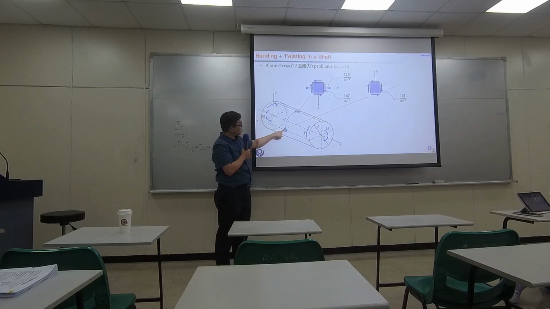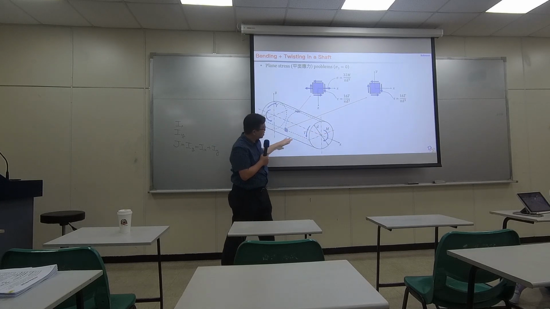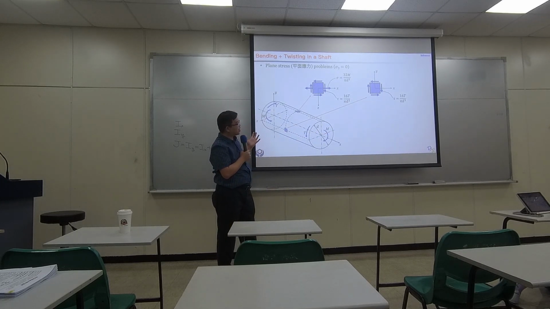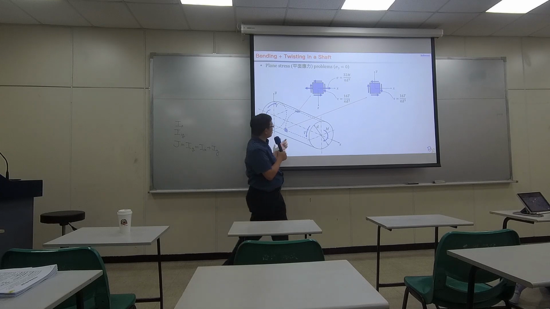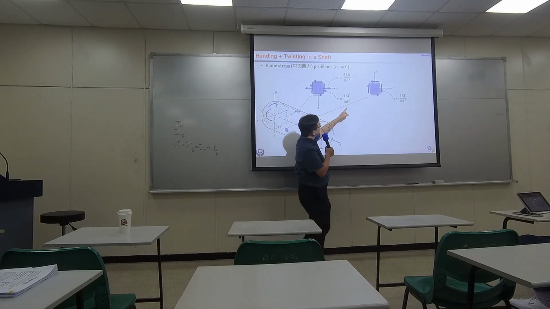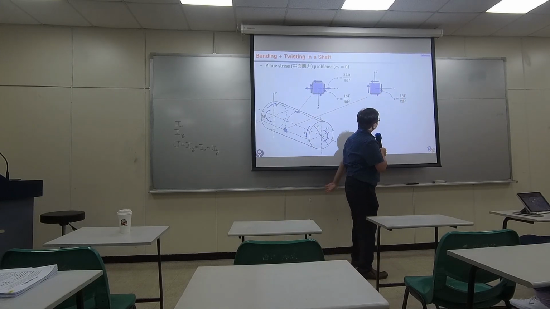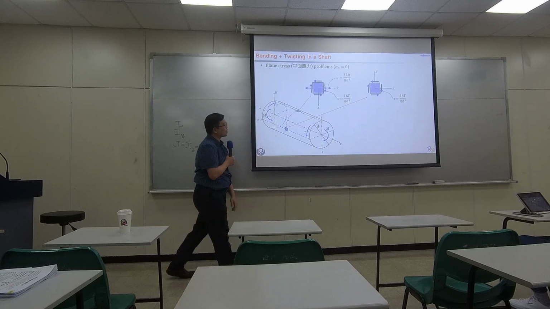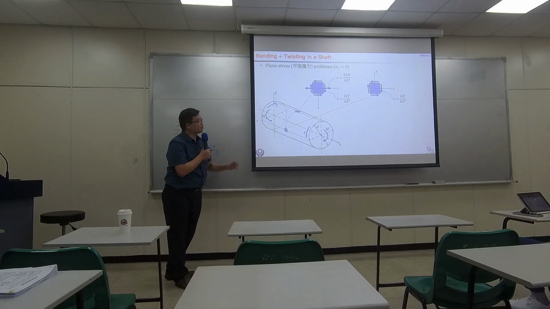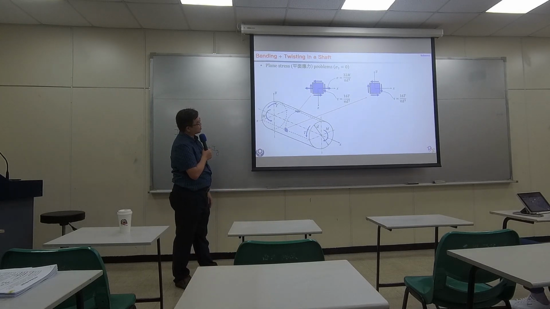How about this point? Over here, because we are on the neutral plane, there's no normal stress. That's why on this horizontal plane, when we observe on the side, there's no normal stress. Please make sure you can visualize this.